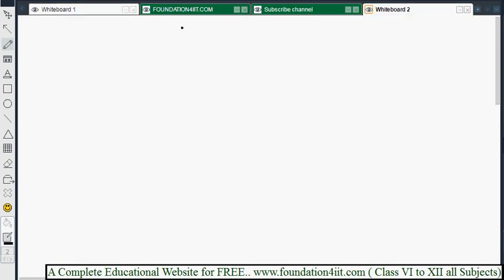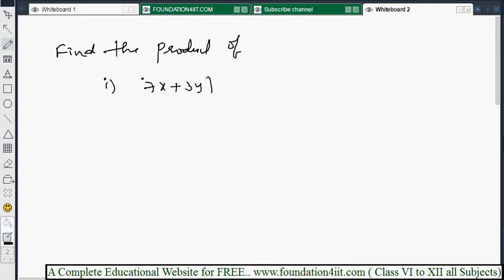So apply the same thing. Now, for example, find the product of 7x plus 3y into 7x minus 3y is one problem, and one numerical sum.